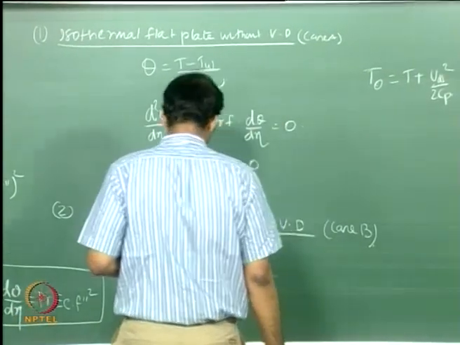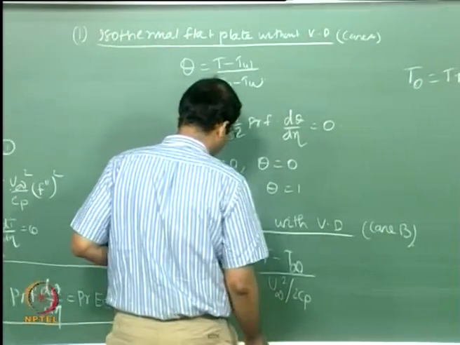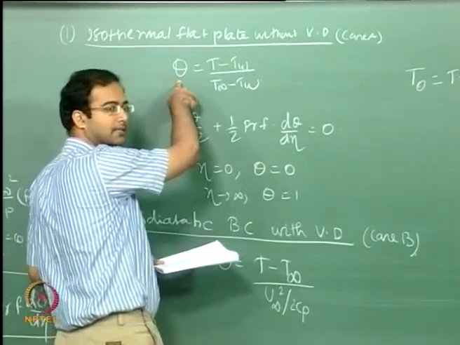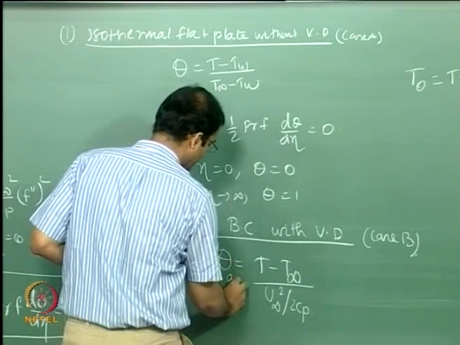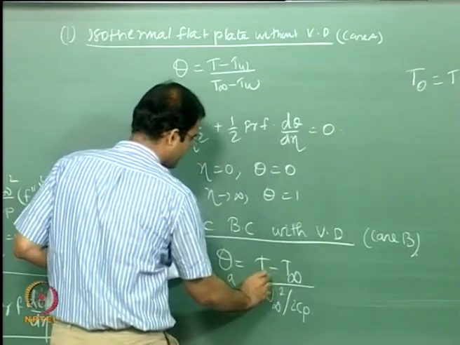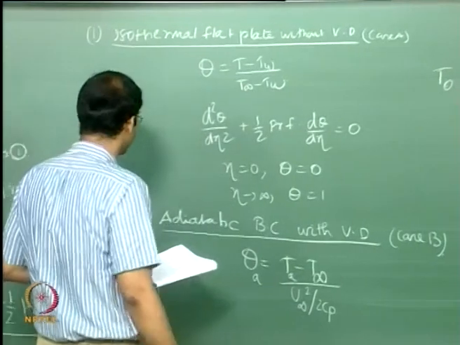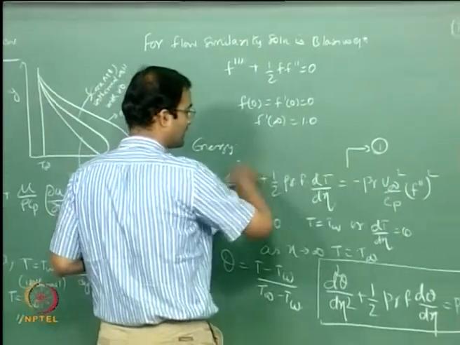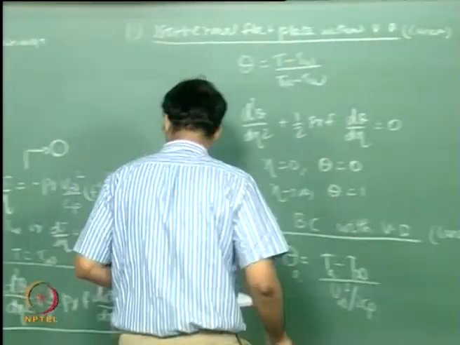And of course I am going to define a theta which is different from the isothermal theta, so I am going to use the notation A for the adiabatic boundary condition. Now I am going to substitute for T A into this and write it in terms of theta.